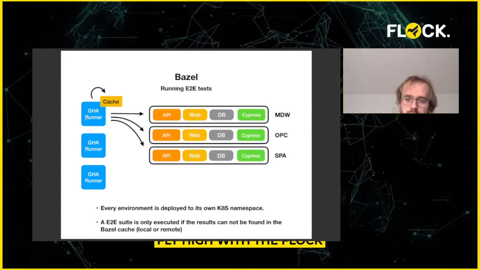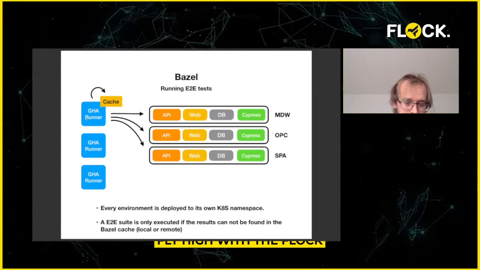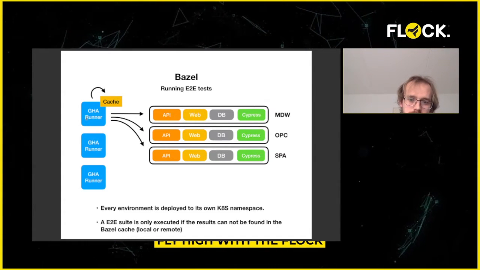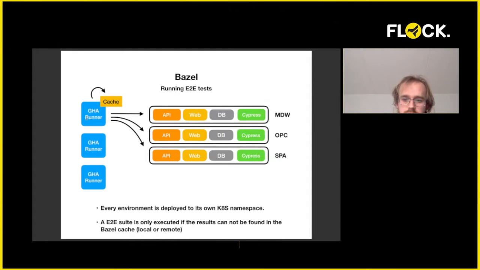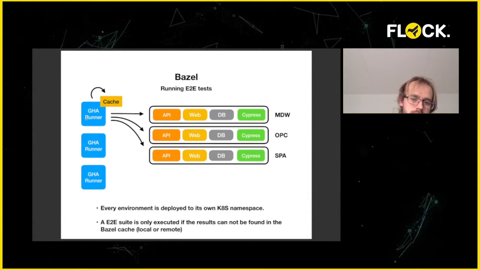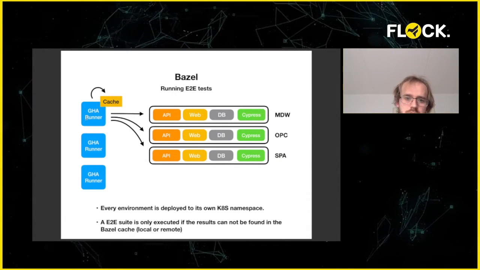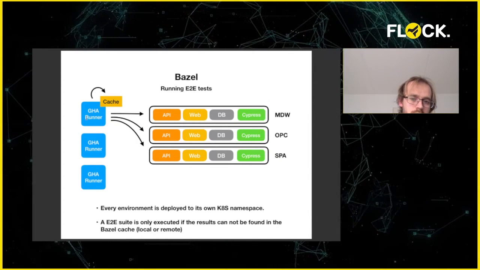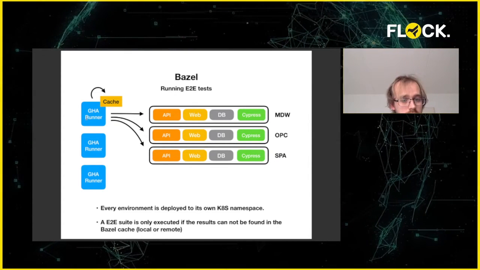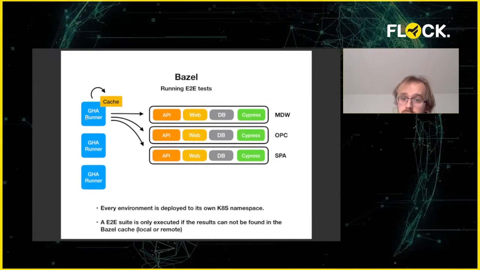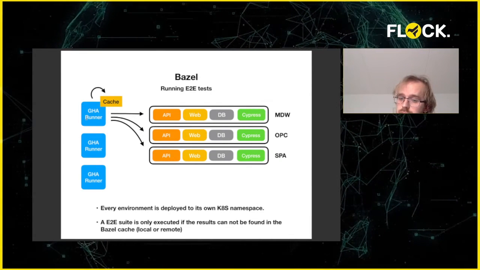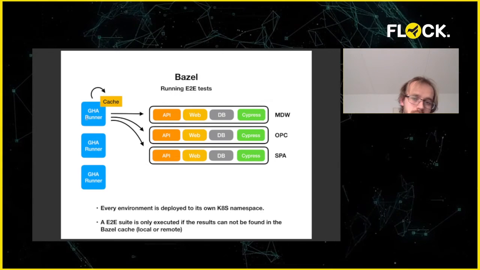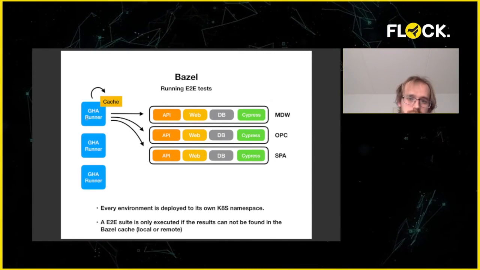What we do next is we execute the end-to-end tests. And for an end-to-end test, we create a temporary Kubernetes namespace. And in this Kubernetes namespace, we deploy the application itself. We deploy the APIs that it needs. We deploy the database if it needs a database. We deploy Kafka if the API needs Kafka.